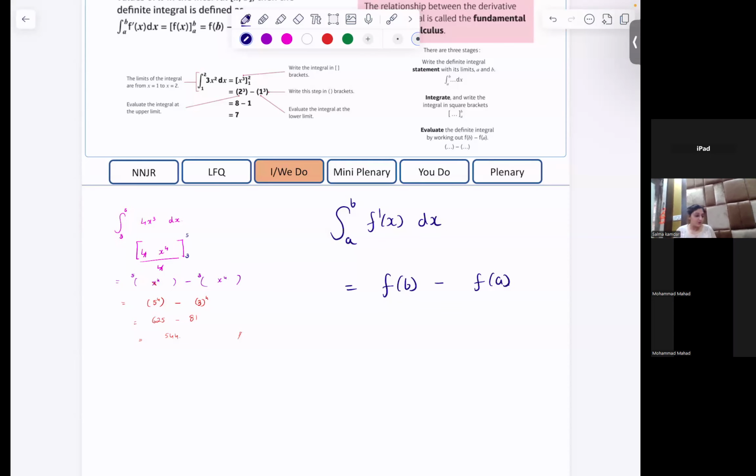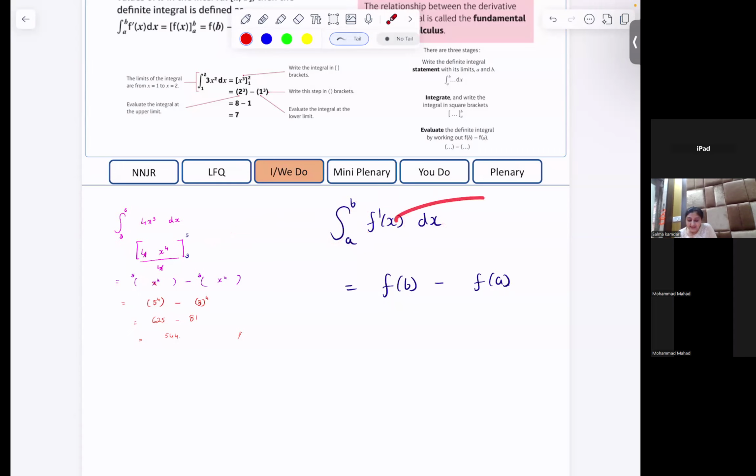Okay. So when you do it on the calculator, this would be your upper limit, this would be your lower limit. 5 is the upper limit, 3 is the lower limit. If I want to use it in the form of a formula, I would say I'm integrating from a to b, finding the area under the curve of f dash x, that is the gradient, with respect to x.